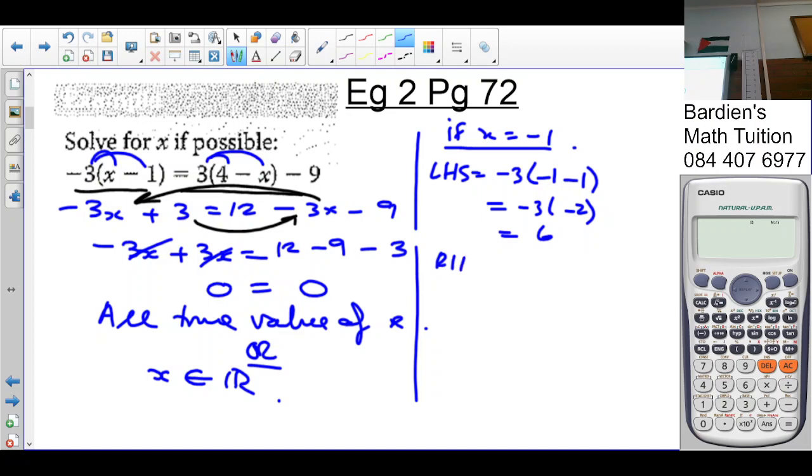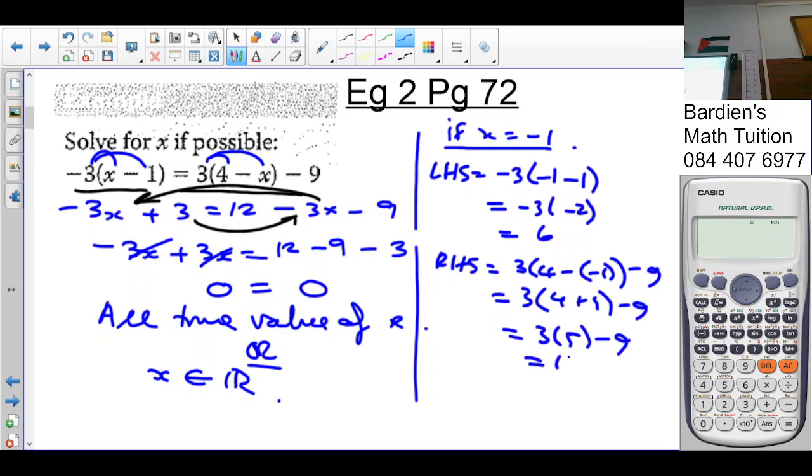The right hand side is going to be 3 into 4 minus negative 1 minus 9. It's 3 into 4 plus 1 minus 9. It's 3 into 5 minus 9. 15 minus 9, which is equal to the left hand side.